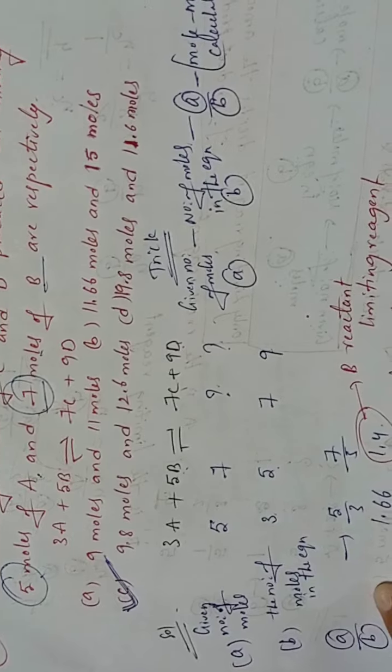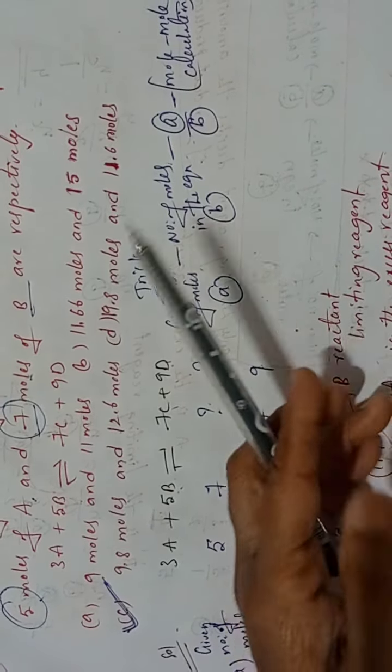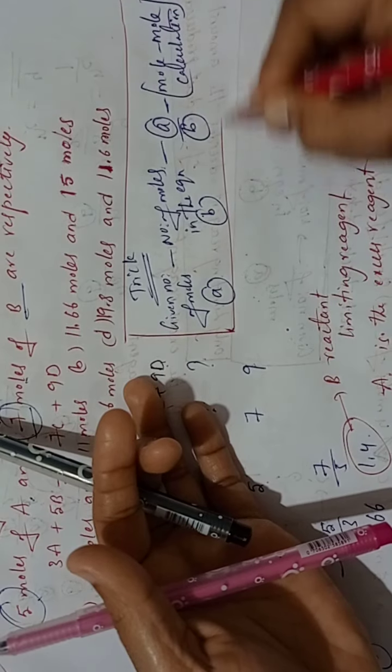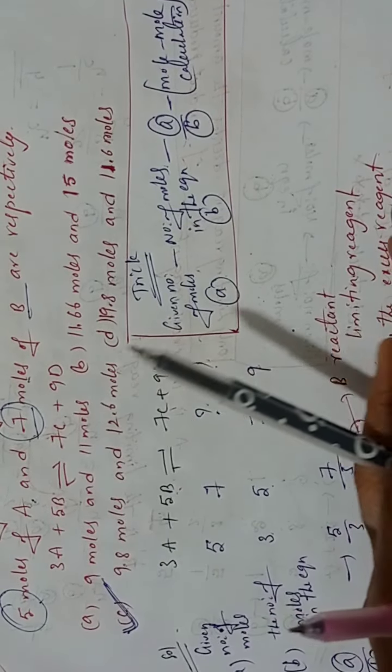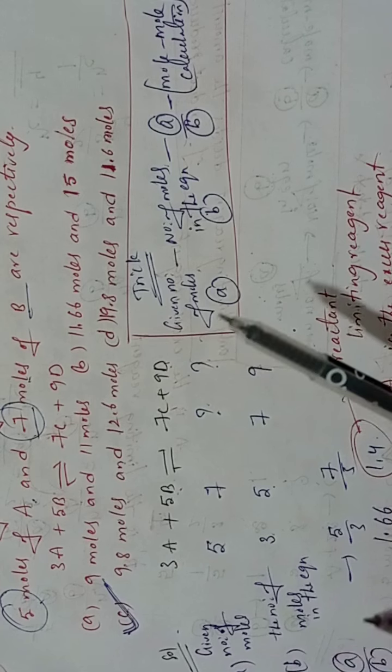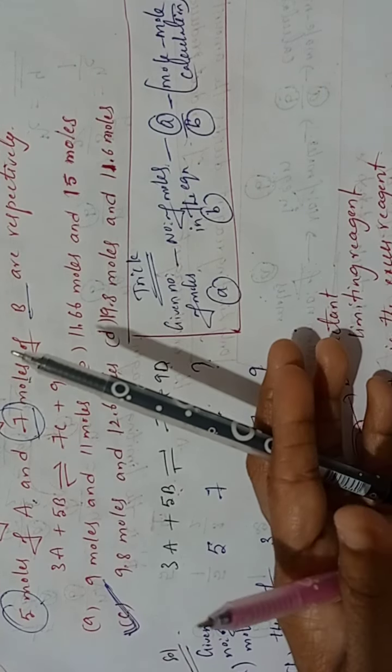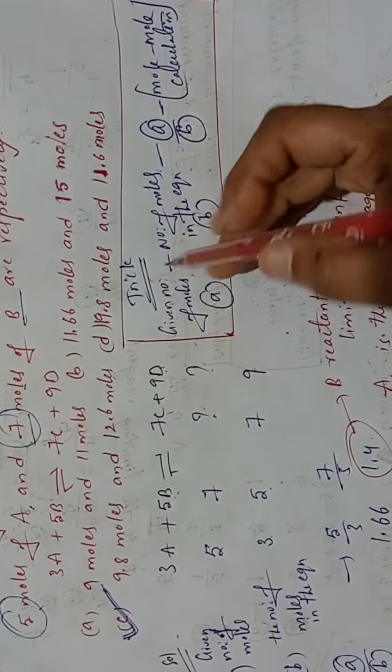Are you following? Understood? Just remember this trick, students. You can easily calculate this type of problem. The reactant number of moles we know, then the product number of moles we have to find. That means mole to mole calculations. So like this you have to practice, students.